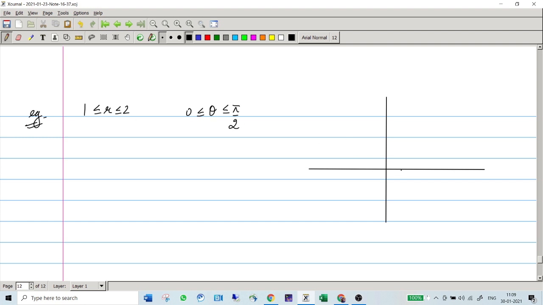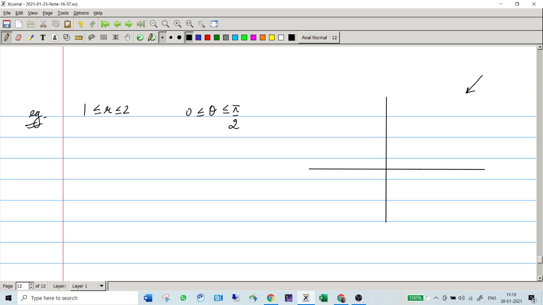So for theta between 0 and pi by 2, the first quadrant is our considerable part, right? And within the first quadrant, you want your r to be between 1 and 2, means whatever points you collect should have r greater than 1 but less than 2.